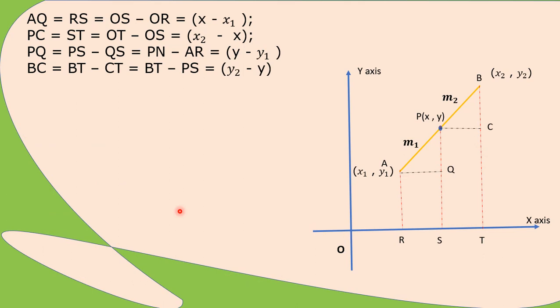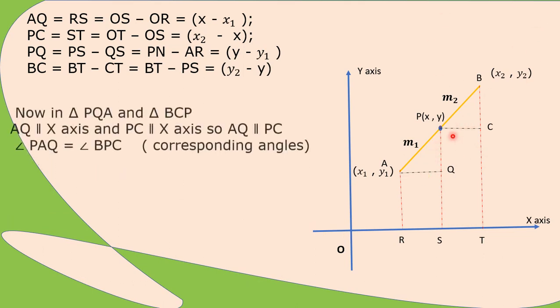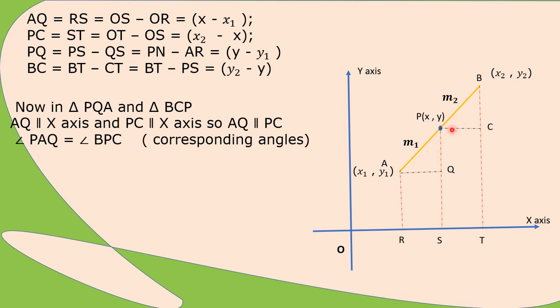Now in this figure we observe there are two right triangles. In these two right triangles we prove that they are similar. Let's take AQ is parallel to the x-axis, and PC is also parallel to the x-axis. That means AQ and PC are parallel to one another, and AB is the transversal.